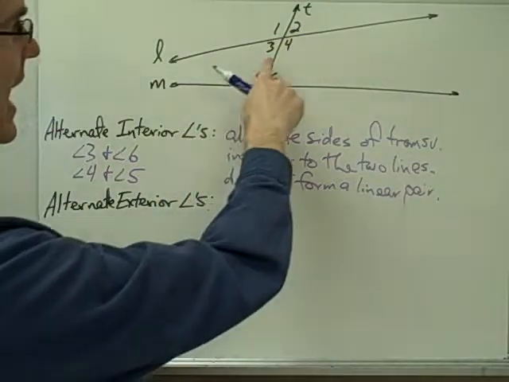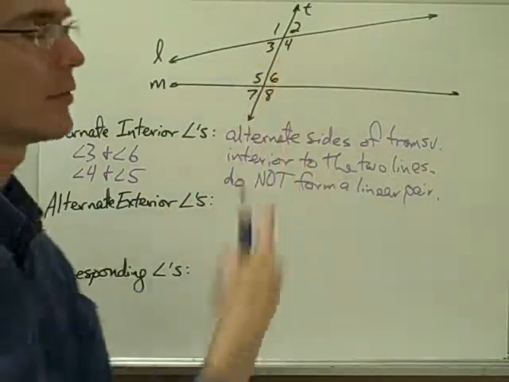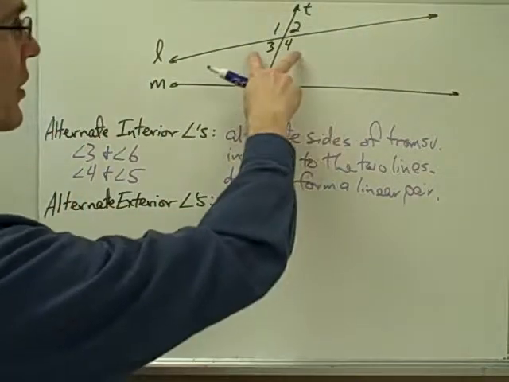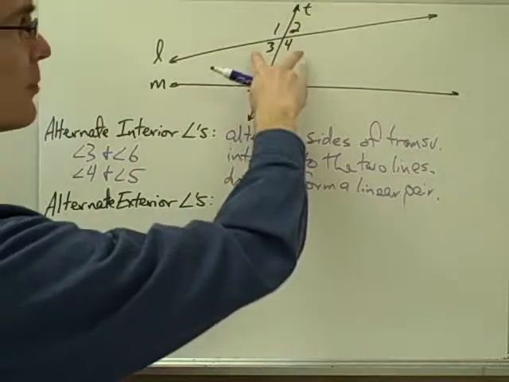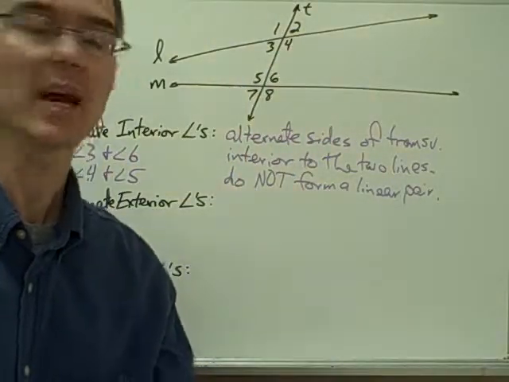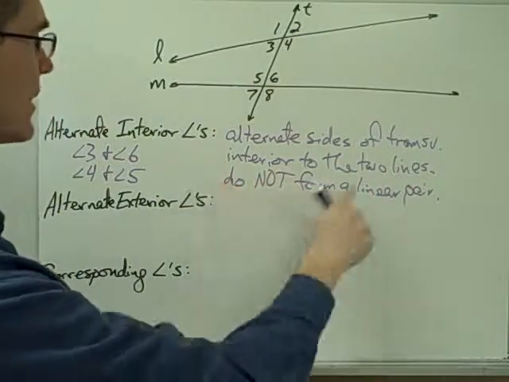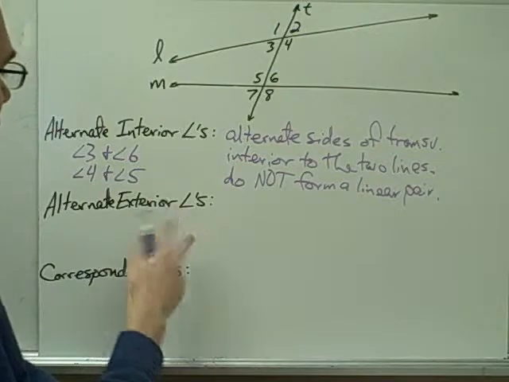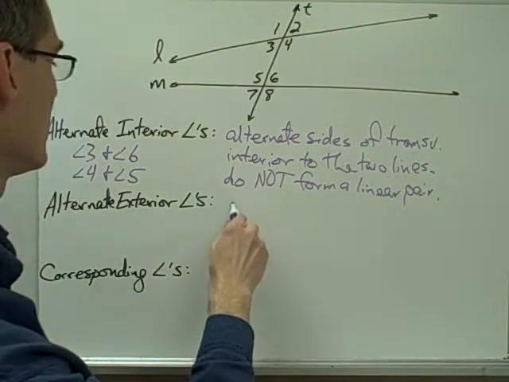Now notice, angle 3 and angle 4 do not form a pair of alternate interior angles because, even though they're on alternate sides of the transversal and they're both interior to the two lines, angle 3 and angle 4 form a linear pair. So angle 3 and angle 4 would not be a pair of alternate interior angles. All right, alternate exterior angles.